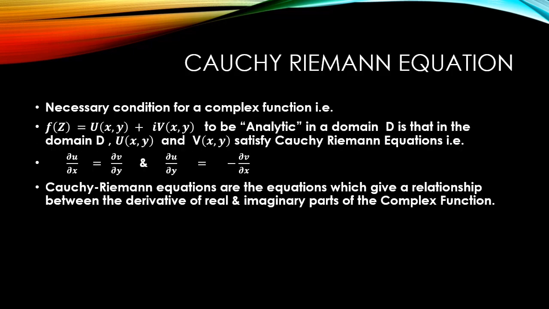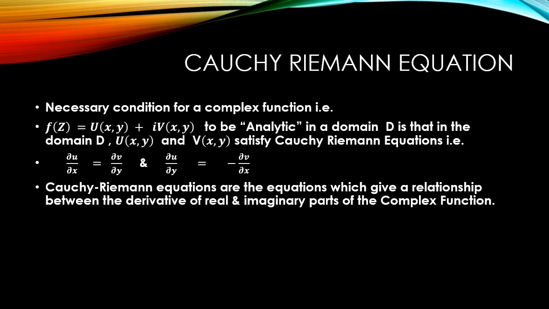We'll start with what is the Cauchy-Riemann equation. The necessary condition for a complex function f of z, if we say that f of z is a function u which depends on x and y, plus iota v which is a function of x and y, to be analytic in a domain D, is that in the domain D, u(x, y) and v(x, y) satisfy the Cauchy-Riemann equation.